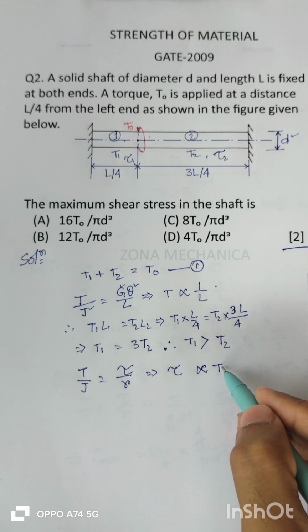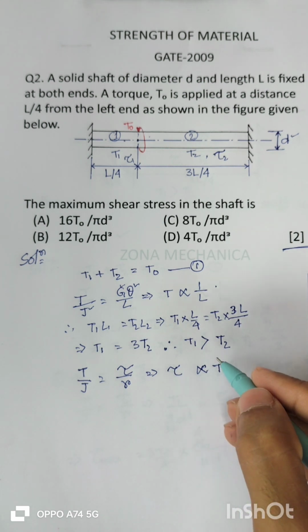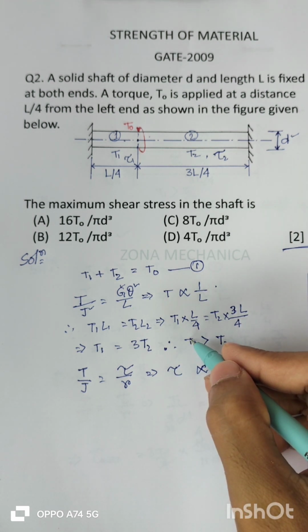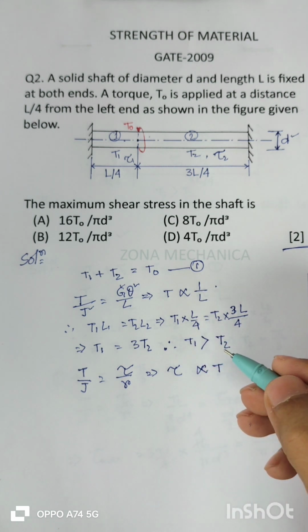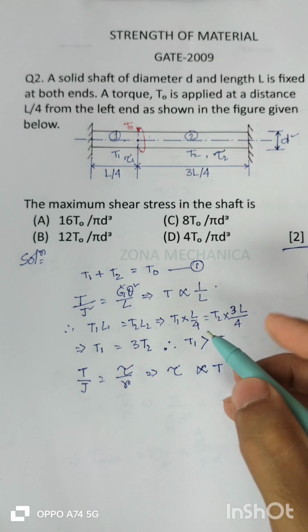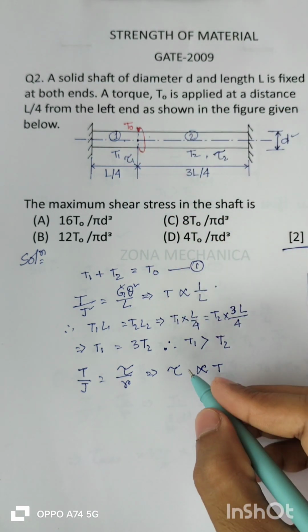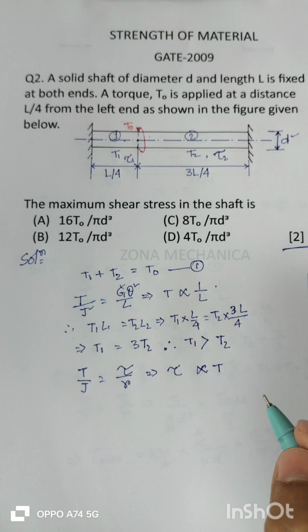So whichever T is greater, the corresponding tau, that is the shear stress, is greater. So tau 1 will be the maximum shear stress, corresponding to T1, since T1 is greater than T2.